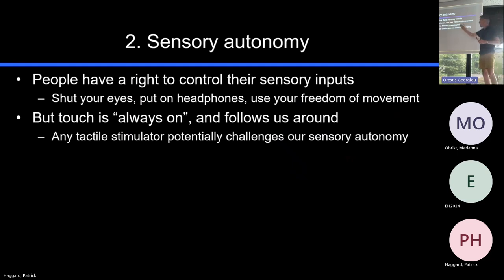So our sense of touch follows us around, which means that any tactile stimulator potentially challenges our sensory autonomy. So any device which is used for tactile stimulation and is in contact with the body is potentially not necessarily a violation, but a challenge to our ability to choose what sort of inputs we want.